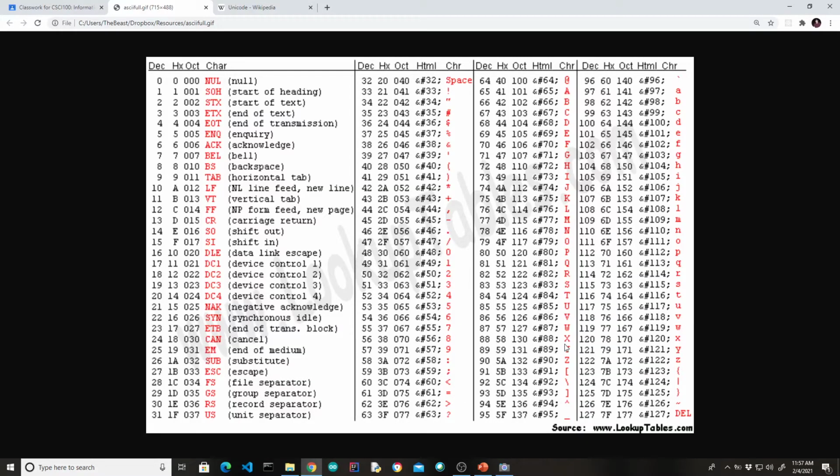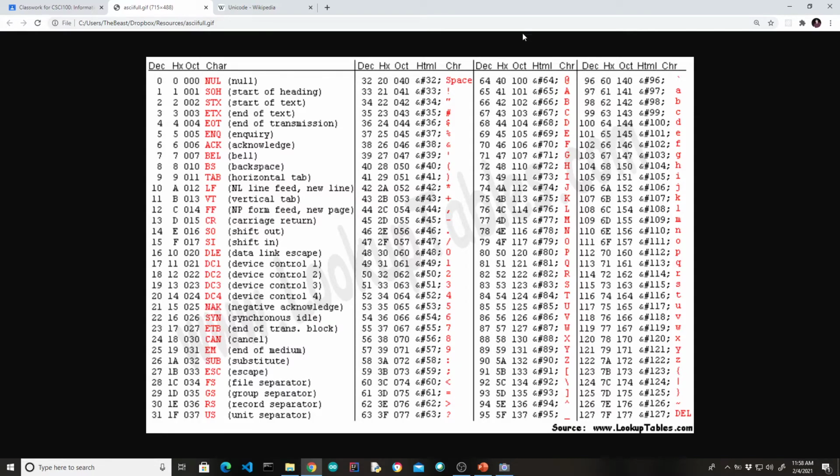As I mentioned, this is the ASCII table, the American Standard Code for Information Interchange. Obviously, this just covers a small portion of possible characters. If you were in Europe or Asia, those languages use different character sets.